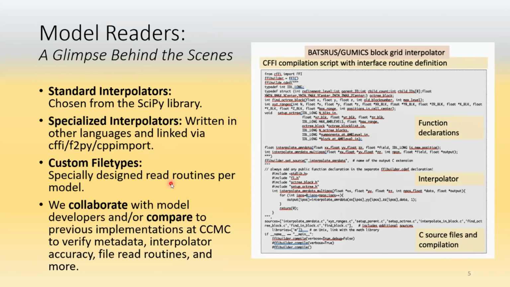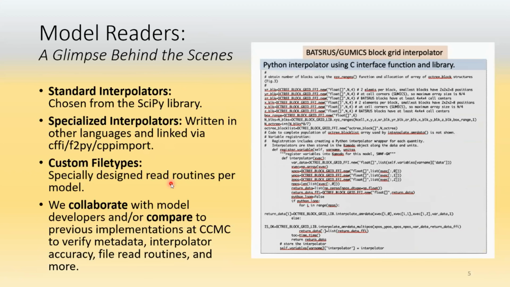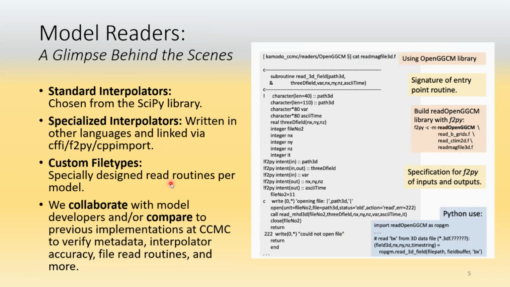We simply link to them via the standard cross-language interfaces, such as shown in the slideshow at right. We do the same approach with custom file types. So these model readers, regardless of what language they're written in, are developed in collaboration with model developers or by comparing to previous implementations at CCMC to verify the functionality and the accuracy of the interpolators.